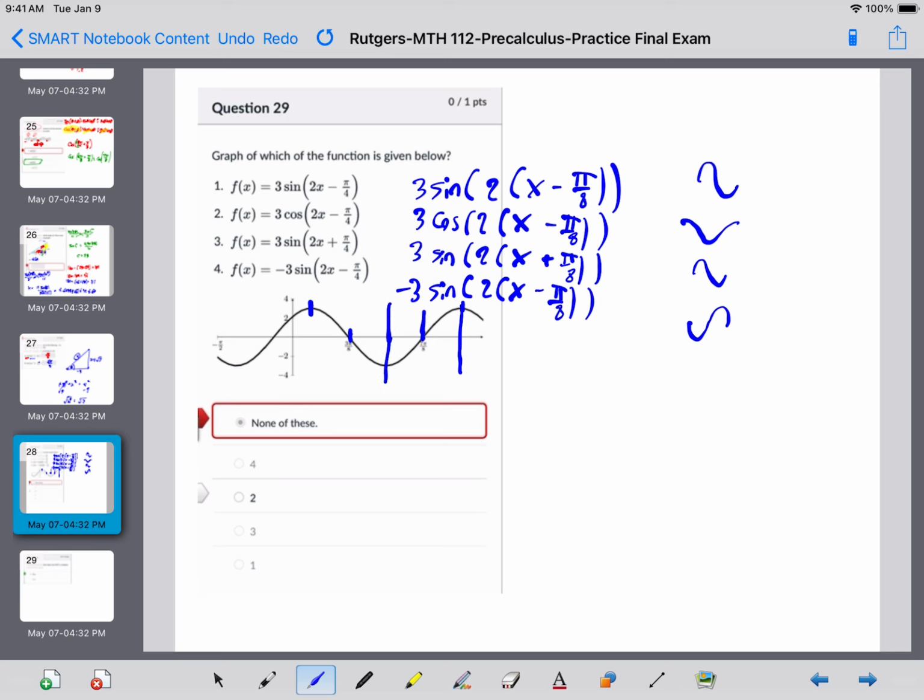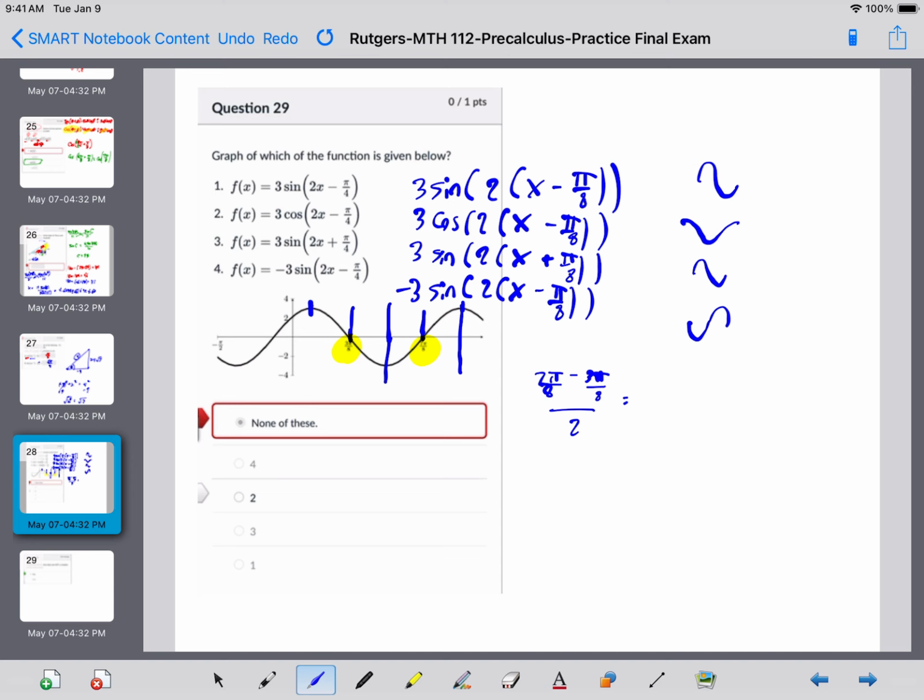So knowing they didn't give you much information, but they did give you 7 pi over 8 and 3 pi over 8. So if that's only 2 intervals, you could do 7 pi over 8 minus 3 pi over 8. And then you're going to divide that by 2 to see what the sketch point is. You can multiply by 2 to get the period.